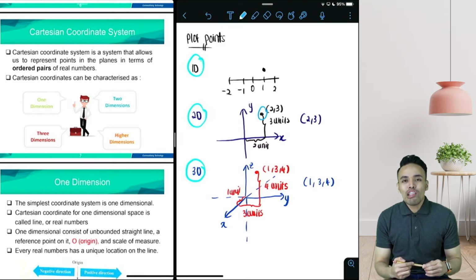When the question asks you to plot point (1, 3, 4), 1 represents the x coordinate, the y coordinate is the value 3, and the z coordinate is the value 4. So from the origin, you move 1 unit on the positive x-axis, 3 units on the positive y-axis, and 4 units on the positive z-axis.